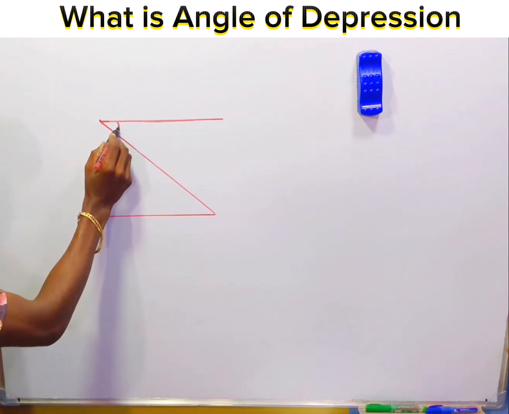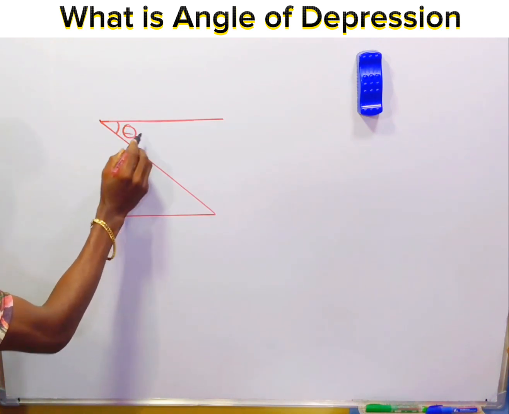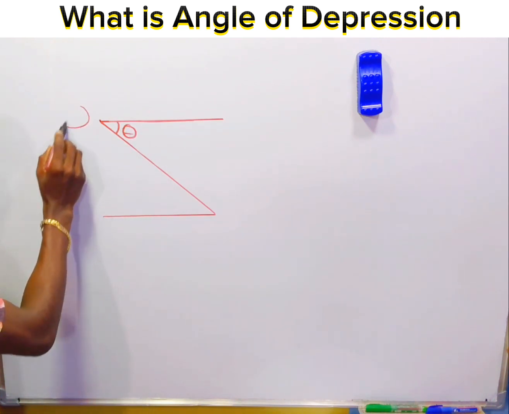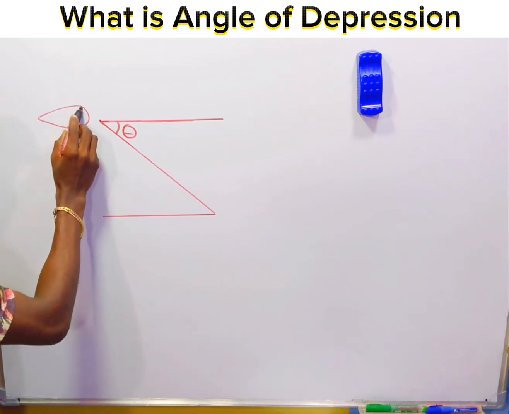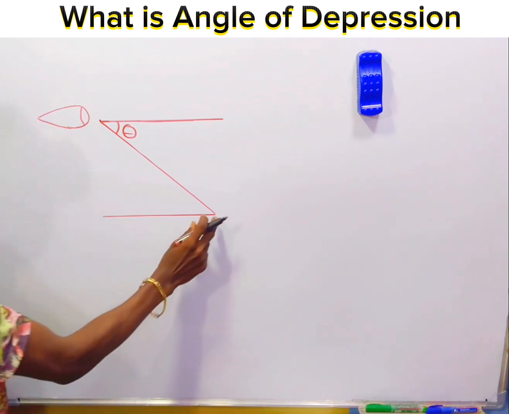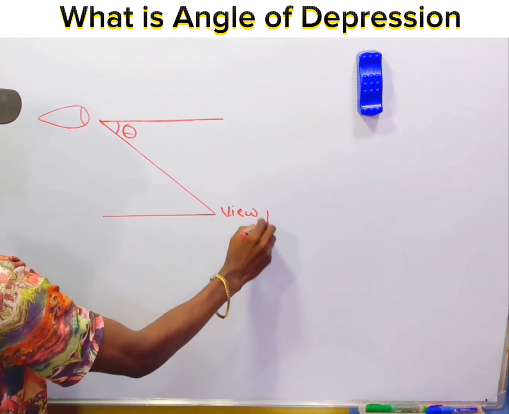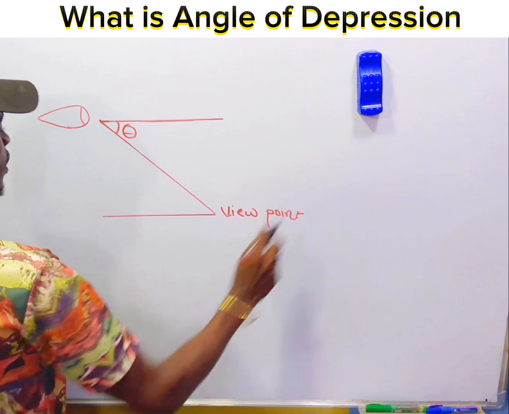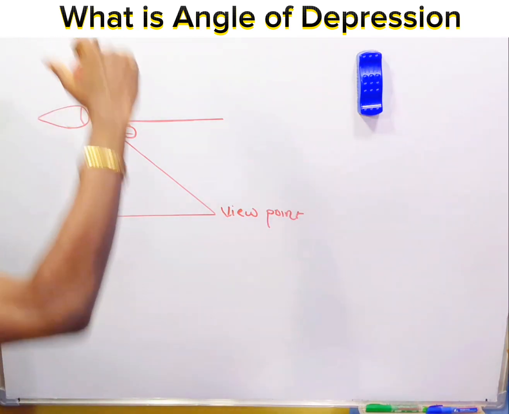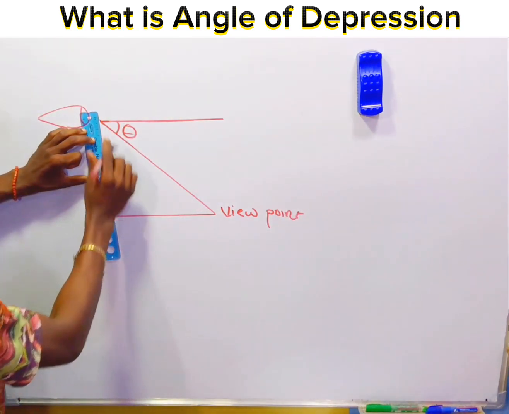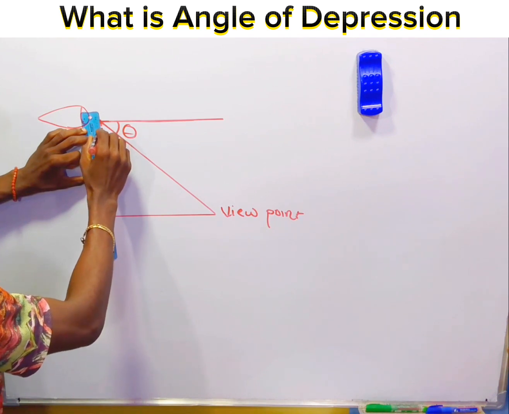if this is our angle theta, which means we have an observer here, and this is the ground level, which is the viewpoint. Now, the angle from a height, let's assume this is the top of a building.